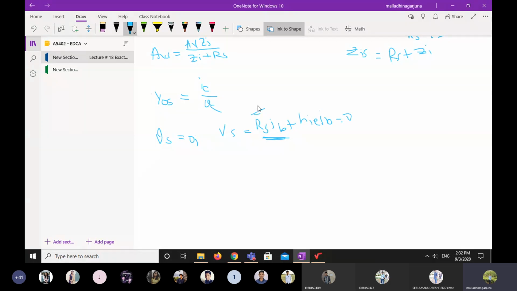Rs is not equal to 0 here, and HIE is also not equal to 0. So the only possibility to make it 0 is IB equal to 0. If IB is equal to 0, you will get IC equal to 0, because IC equals HFE times IB. If IC is 0, Y0S equal to 0.